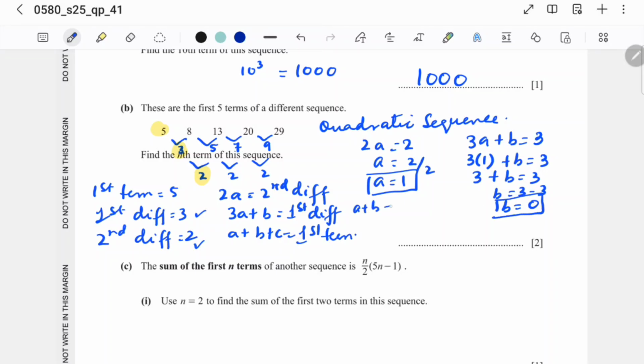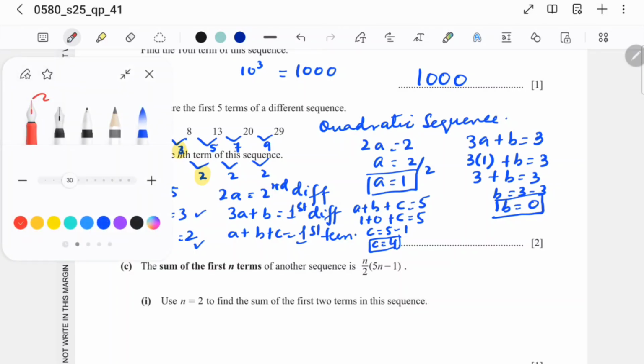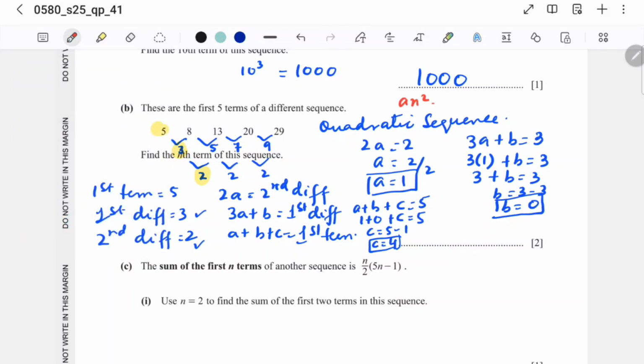a plus b plus c is equal to 5, which is the first term. 1 plus 0 plus c is equal to 5, and c is equal to 5 minus 1, so c is equal to 4. And you know that the quadratic sequence is an squared plus bn plus c.